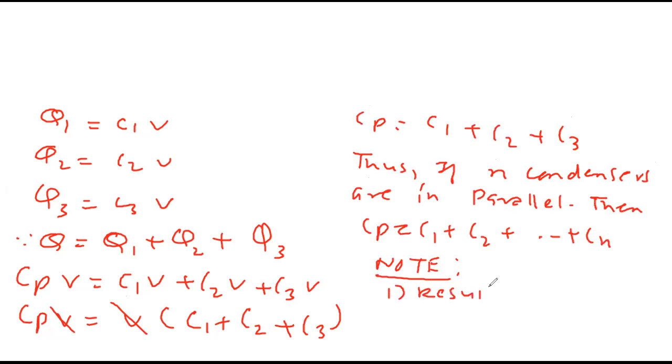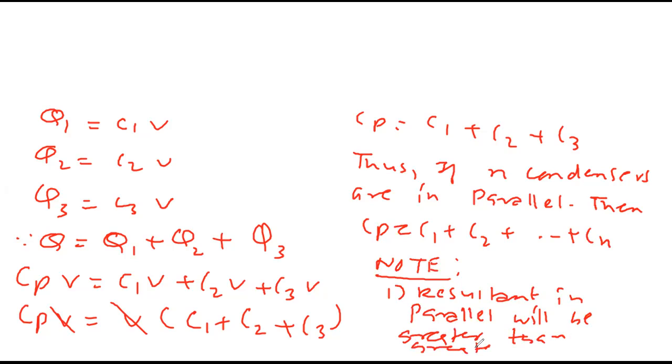Greater than greatest. Resultant in parallel will be greater than greatest. So suppose they don't say which connection, but they say the resultant should be greater. Then which combination will you prefer, parallel or series for condensers?